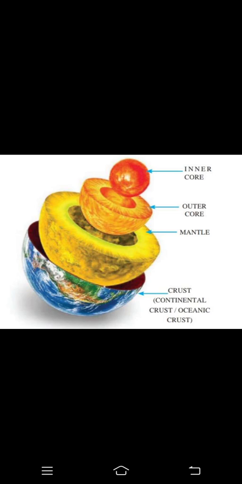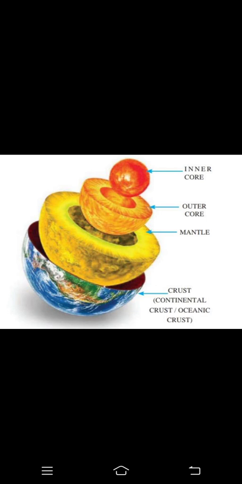Now, the crust. The uppermost layer of the earth's surface is in a solid state and it is called the crust. The crust thickness is not similar everywhere. Somewhere the crust thickness is low and somewhere it is high.